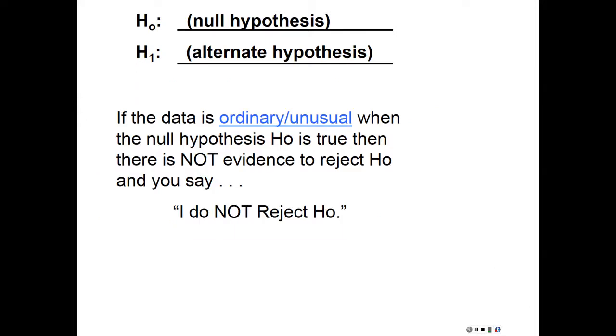When the null hypothesis is true and there is not evidence to reject H0, and you say, I do not reject H0, what kind of data were you looking at? If you do not reject H0, what does your evidence say about H0? So it will be ordinary.